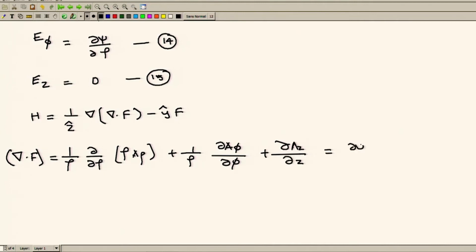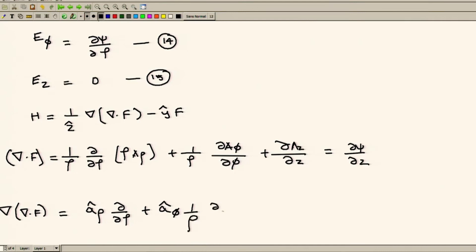This we obtain as del psi upon del z. So, therefore, del of del dot F we will get A rho del rho plus A phi 1 upon rho del phi plus Az del z, and then del psi del z.